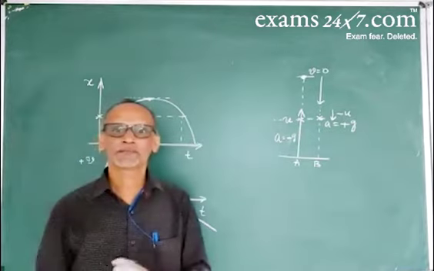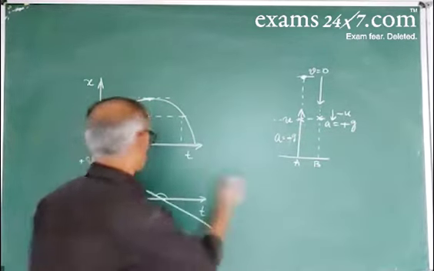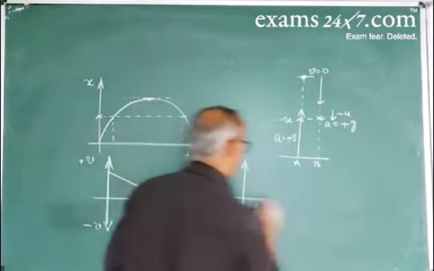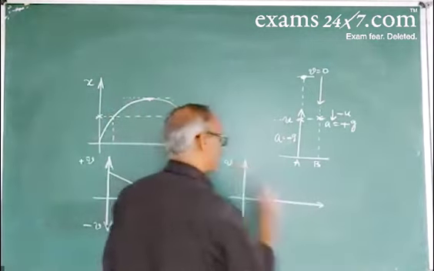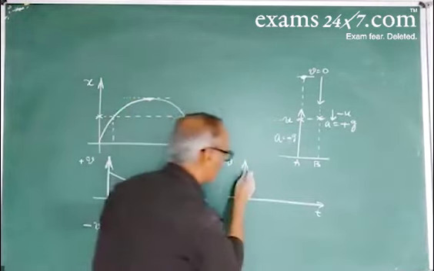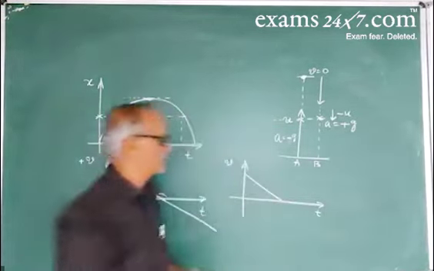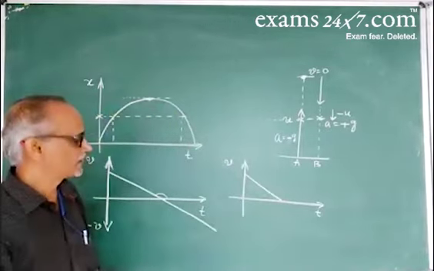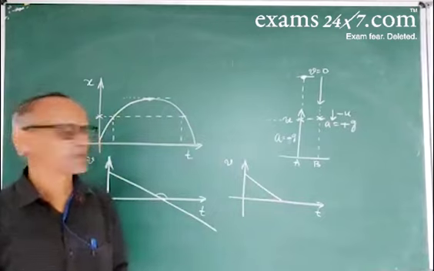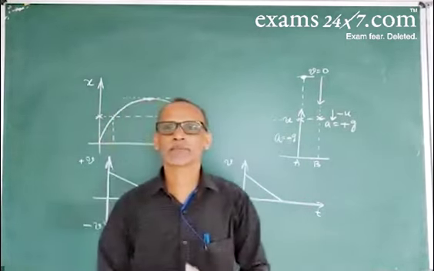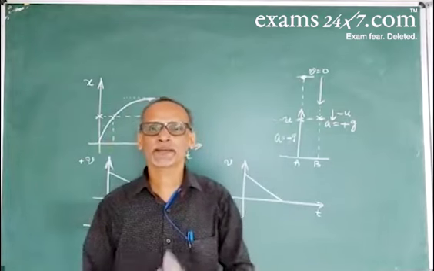What about the speed versus time graph? So this is a velocity versus time graph. If it is a speed versus time graph, the first half is the same. It's a straight line with a negative slope. But during downward motion, the magnitude of the speed remains the same. Speed cannot be negative.